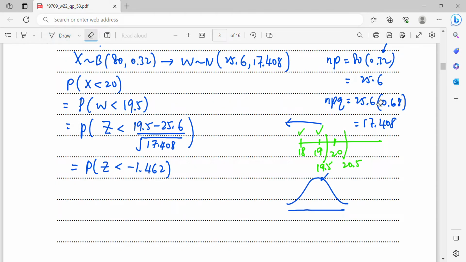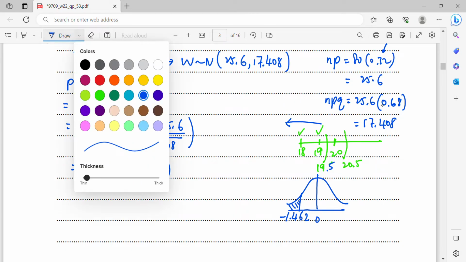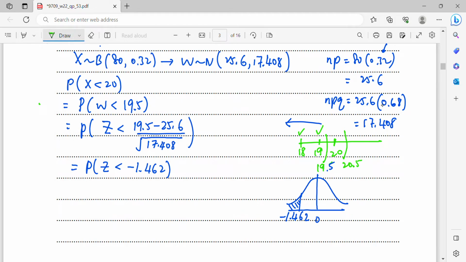Now, when you get P(Z less than negative 1.462), we need to sketch a graph because negative z is not available in the table. So now I will just draw out the region. Let's say here is negative 1.462. When it is less, that means the region is towards the left-hand side. This is the actual region that we need to count. But since the value of z is negative, we have to flip it to be positive. Once we flip, the region becomes the green color. So in order to get the green region, it will be total probability 1 minus P(Z less than 1.462).